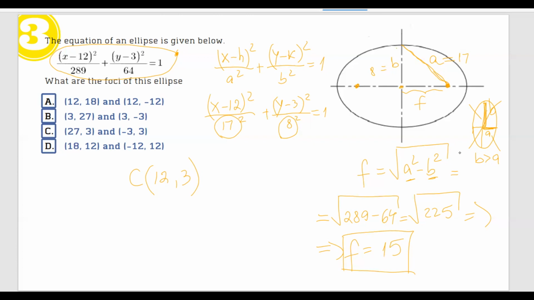So if I'm at the center, in order to find the focal points, I just have to add the focal distance to and subtract it from the x coordinate of the center. So I'll have to add 15 and subtract 15.